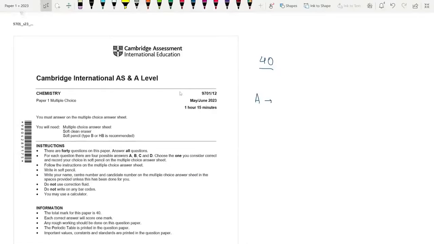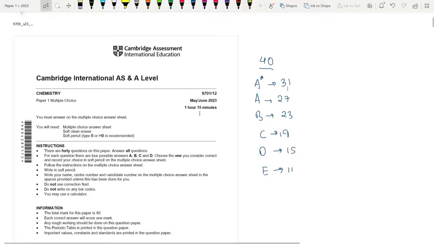A was at 27, B was at 23, C was at 19, D was at 15, and E was at 11. A star should be at around 4 marks higher than this, which is 31, because it follows a trend of 4 marks, as you can see clearly.